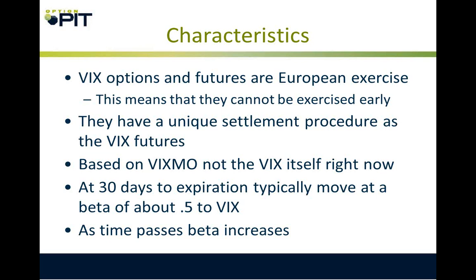At 30 days to expiration, a VIX future will typically have a beta to the cash VIX of about 0.5, so it'll be 50% as volatile. As time passes, it gets more and more beta to the VIX. Weekly VIX futures, especially the front month, generally have a high beta, typically north of 0.7.